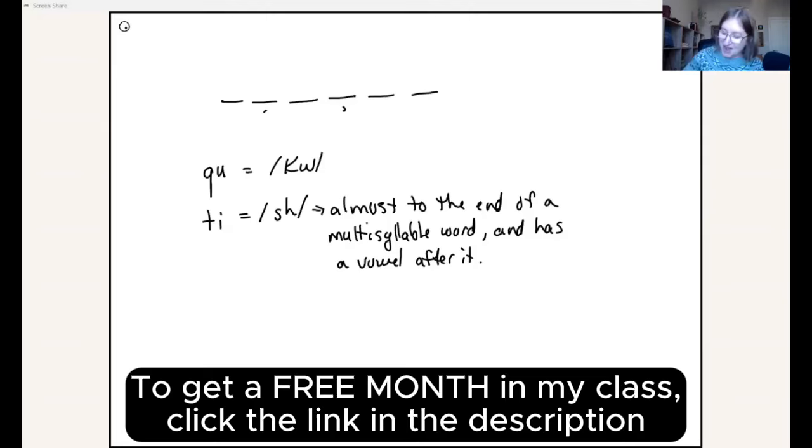Okay, quotient. Our consonants are that qu sound that we're going to spell with a QU. It gets one line because we're going to count qu as one sound, even though it's technically two. It's not really a diphthong, but you know what I mean. It changes sound from the beginning of it to the end of it. Okay, here's that sh sound that's toward the end of a longer word with a vowel after it. Sh, n, t.